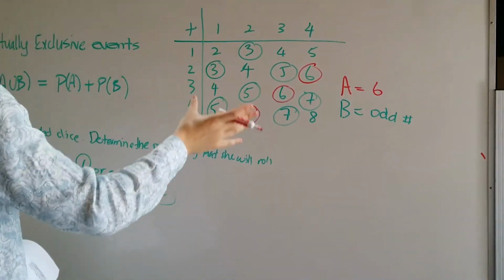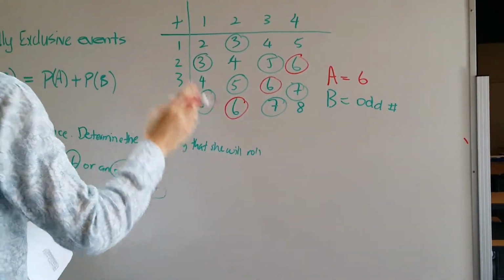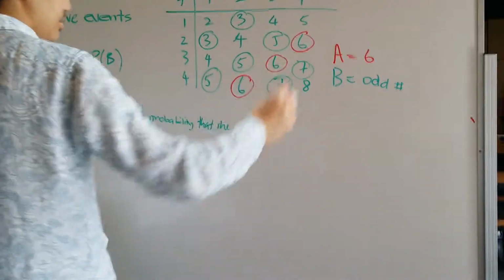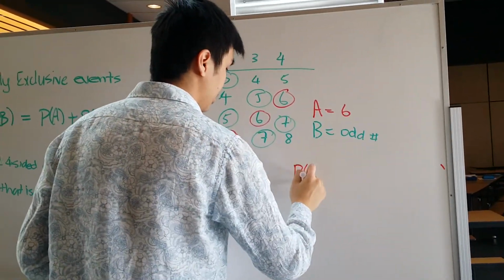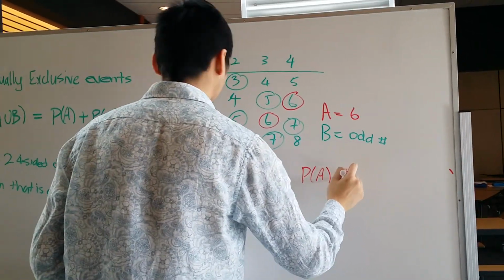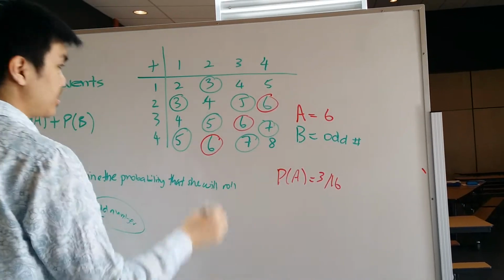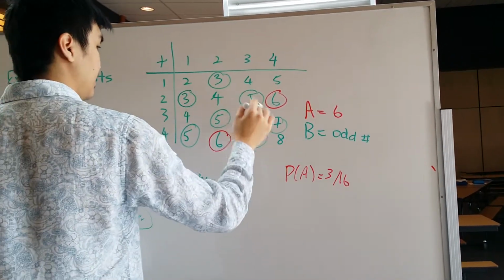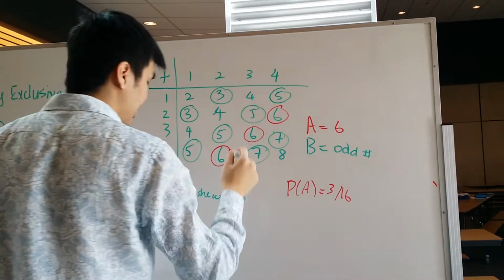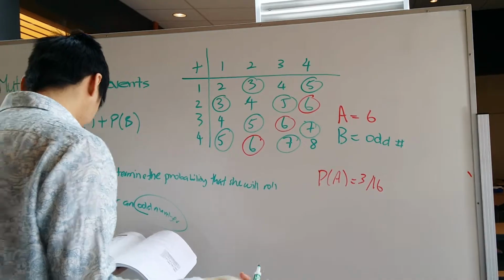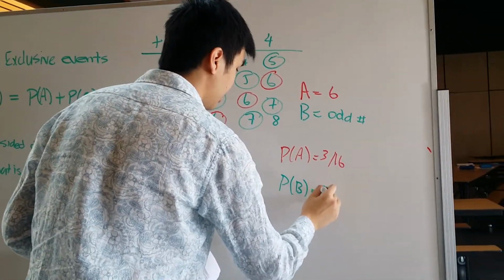There are two four-sided dice, so 4 times 4 is 16, and in the 16 you have 3 sixes. So the probability of A is 3/16. And then there are 8 odd numbers: 1, 2, 3, 4, 5, 6, 7, 8. So for the probability of B, you have 8/16.